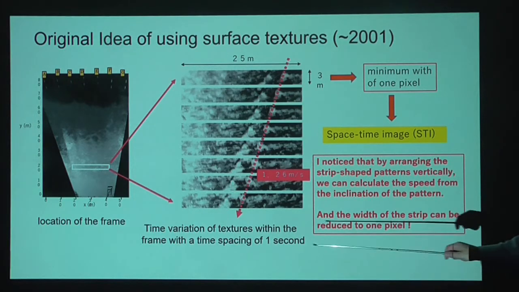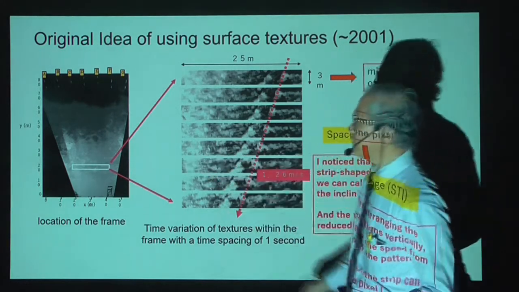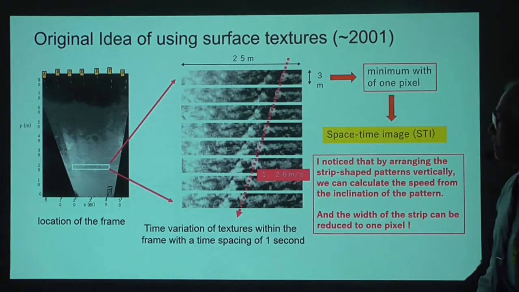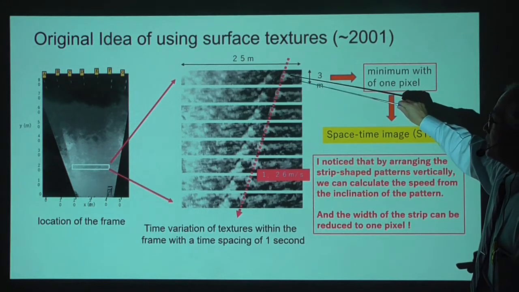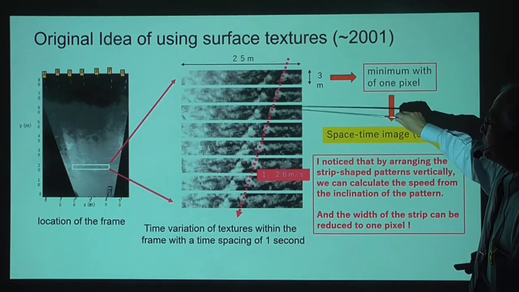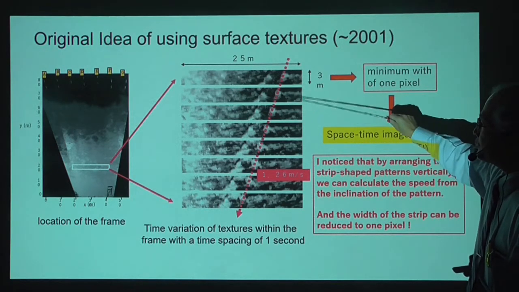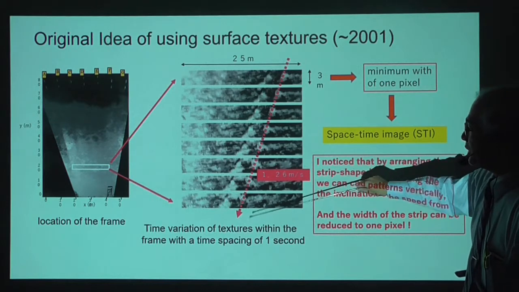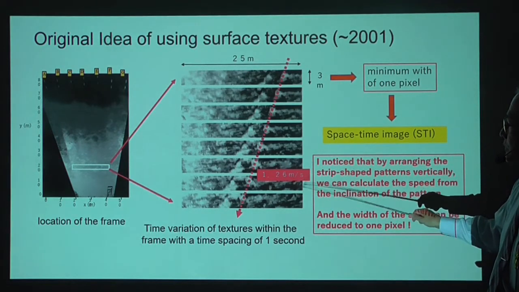You see here, we pay attention to some areas, a kind of striped area, and what I observed is that the striped image has some kind of textures, and when we place it in a vertical direction, I can find some kind of textures moving in a downstream direction like this. And from this, we can get the velocity 1.26 meters per second.